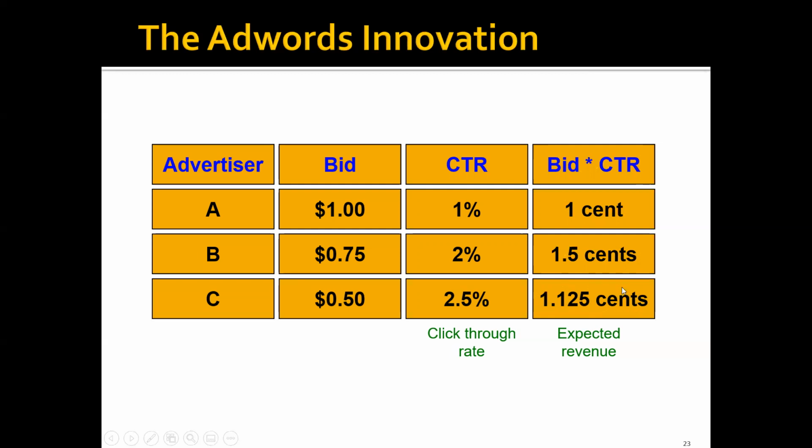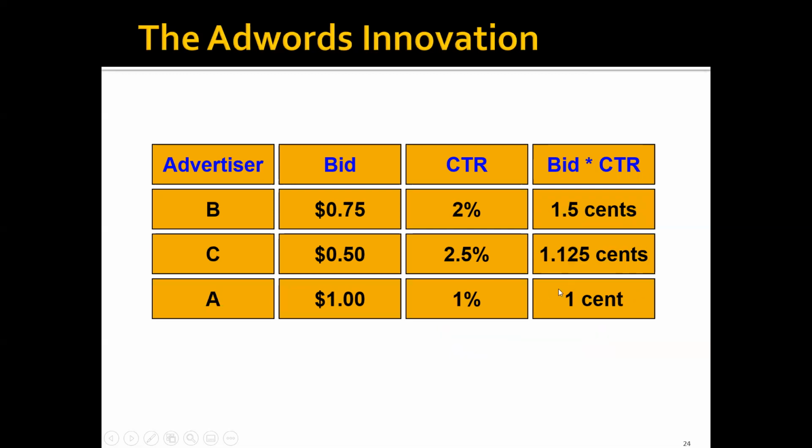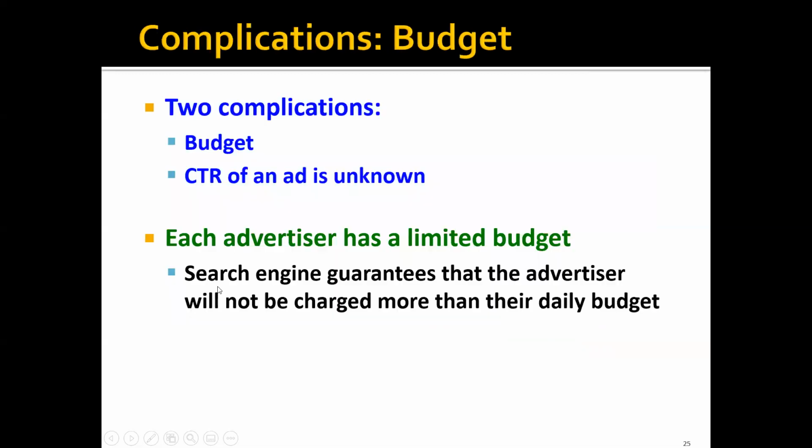As you can see, although advertiser A has the highest bid, it turns out it has the lowest expected revenue. So if we sort these 3 advertisers by the expected revenue, we will have something like this. Clearly, if you have only one slot, you will prefer to show the ads from advertiser B as opposed to C or A, right?